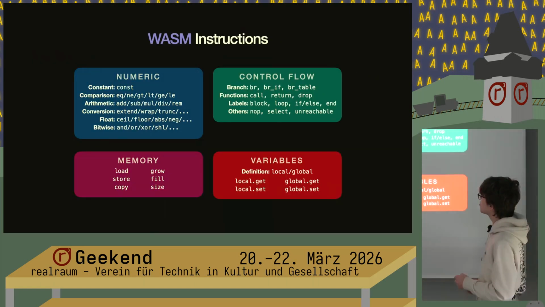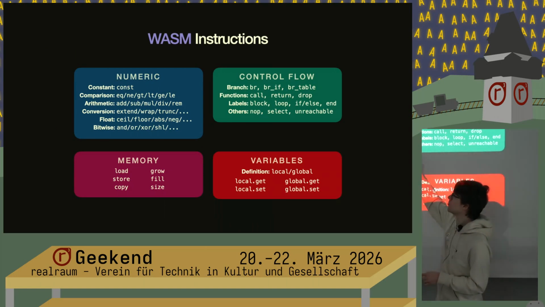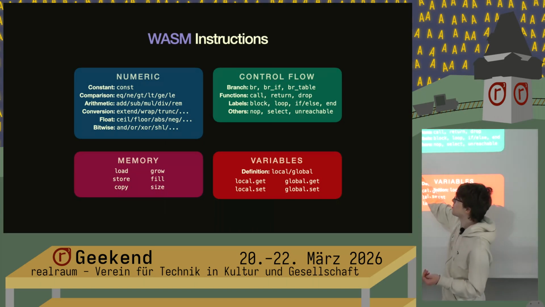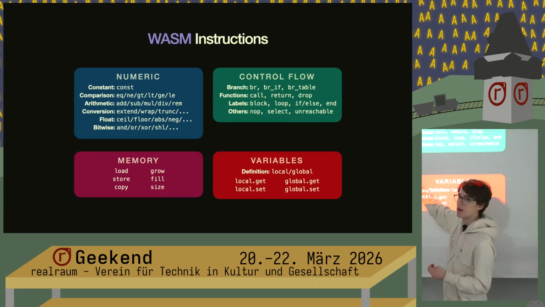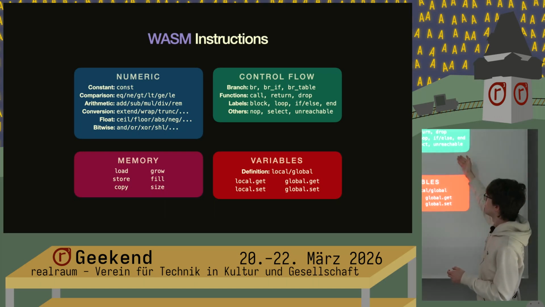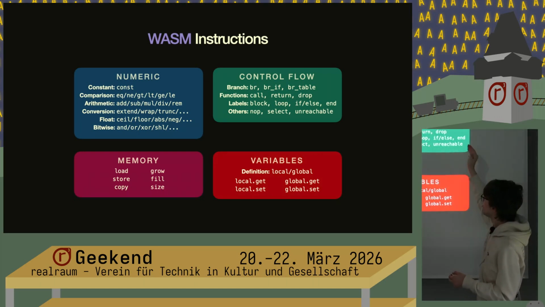That's pretty much all the instructions that there are. You have normal numeric functions: constant, comparison, addition, subtraction, and so on, conversions between 32 and 64, floating point stuff, bitwise. You have control flow: branch, function calls, loops, if else, and so on.